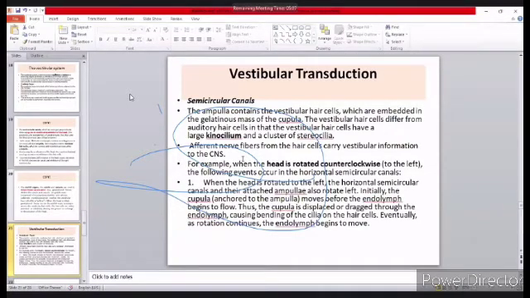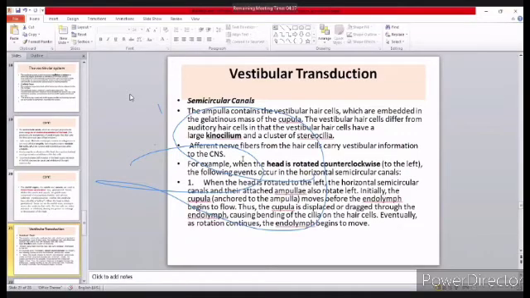The stereocilia will move towards the kinocilium, forming a shear, like a wind blowing in one direction. When this shear force happens, it will cause the ion-gated channels to open, causing potassium as well as calcium to enter. As a result, the cell is depolarized because there's increased positivity, sending a nerve impulse. It's the same concept of transduction.